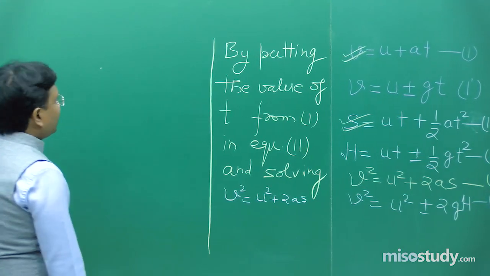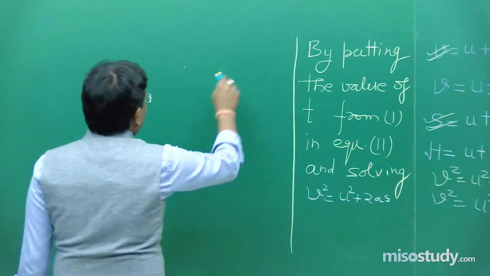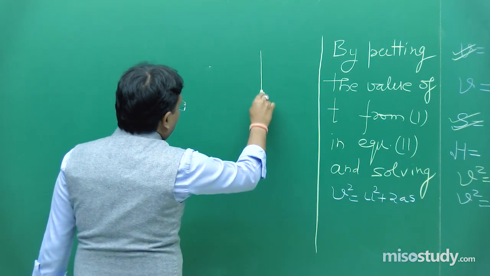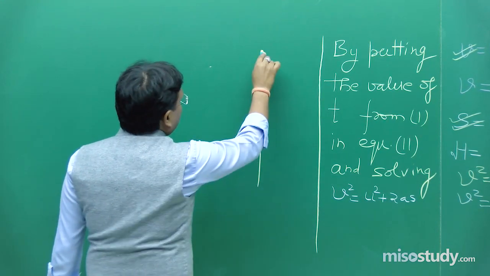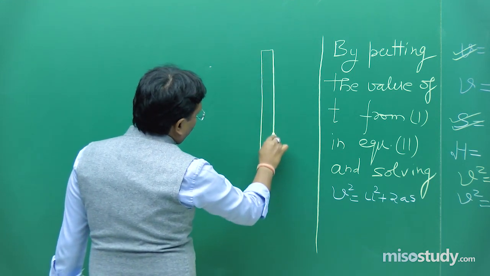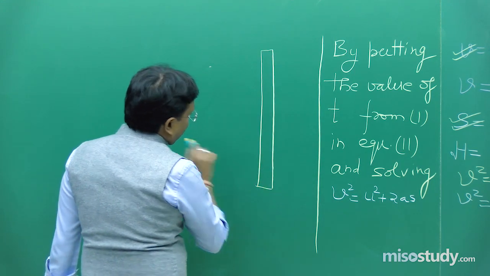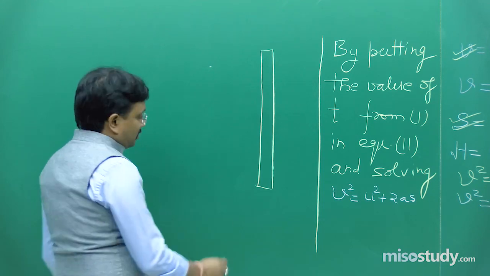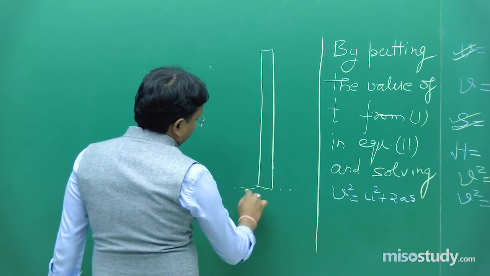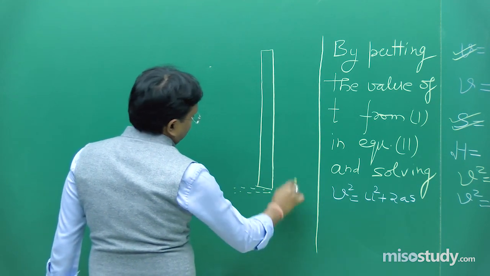Now, consider a situation. Let us say I am standing on the top of the Qutub Minar, a historical monument that is situated in the capital of the Union of India, Delhi.